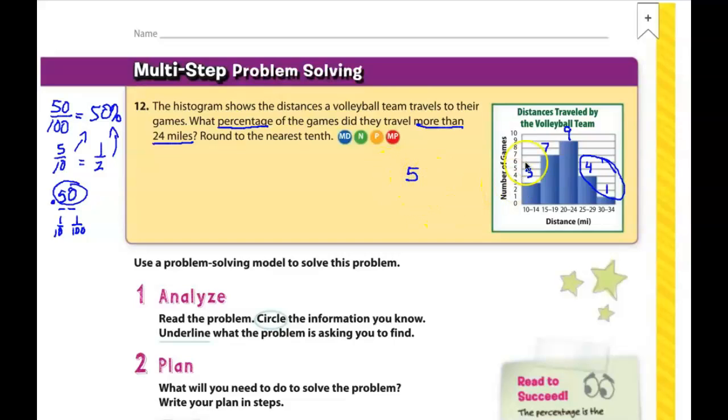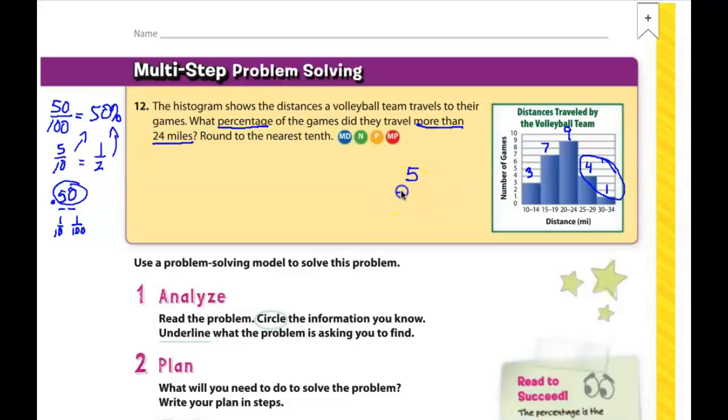So 5 of the games were more than 24 miles away, but how many total games were there? This is where you add up every single one of the numbers in the bars. Go ahead and do that for me. What is 3 plus 7 plus 9 plus 4 plus 1? That's exactly right. 3 plus 7 is 10, and 9 plus 1 is 10. So 10 plus 10 is 20, plus 4.